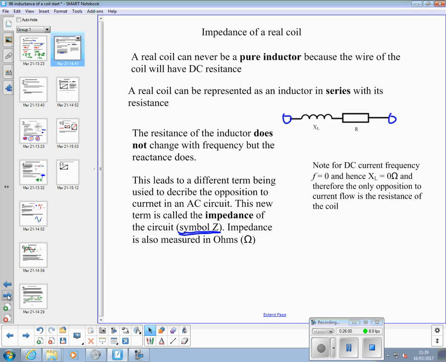Okay? But it is why you get this transient period where the voltage you apply has risen from 0 to 10 volts. That's the subject of later on the course, and even more so in electrical principles in year 3, because we look at transient periods. Alright? So you're all happy that that's a way we could represent this coil as a resistor in series with a pure inductor. Yep.